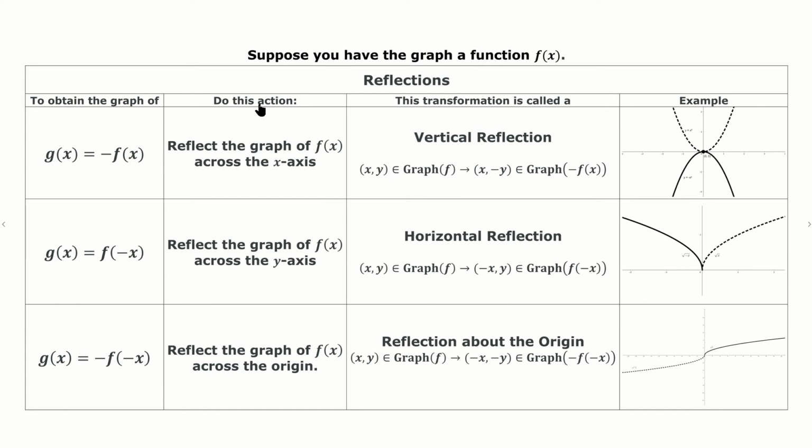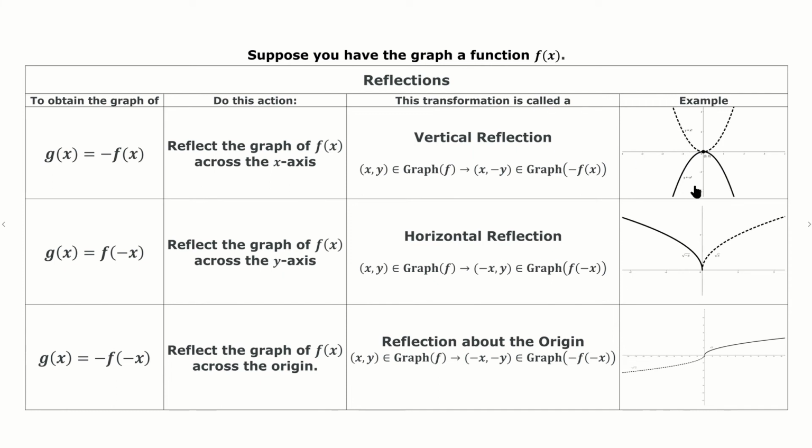So if I'm dealing with a function f of x and I have its graph, let's say right there in the dashed format, if I want to graph g of x, which is the opposite of f of x, here I'm changing the y values to the opposite. So basically, this is going to reflect this graph across the x-axis.